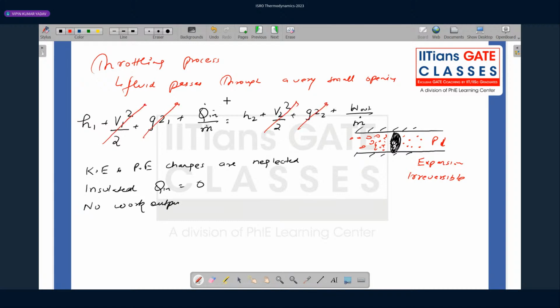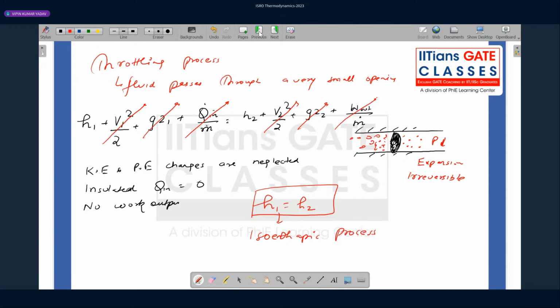Potential energy, this will be neglected. Insulated, this will be neglected, and work output will also be neglected. So eventually you will get h1 equals h2, and therefore it is isoenthalpic. Your enthalpy remains constant. So this is the isoenthalpic process.